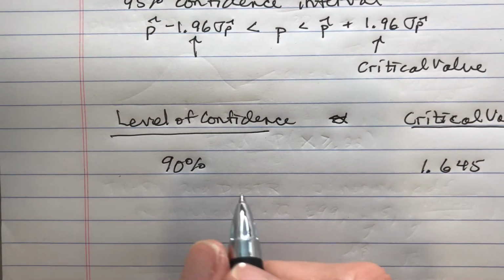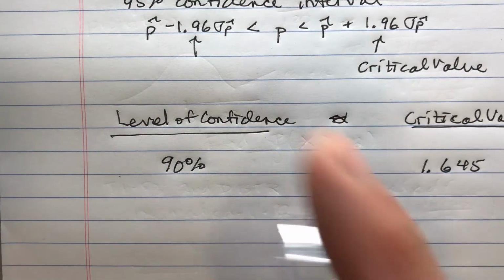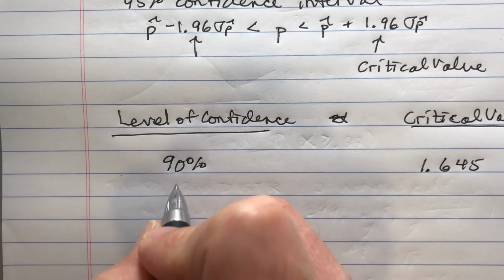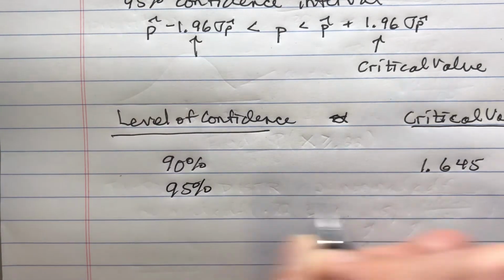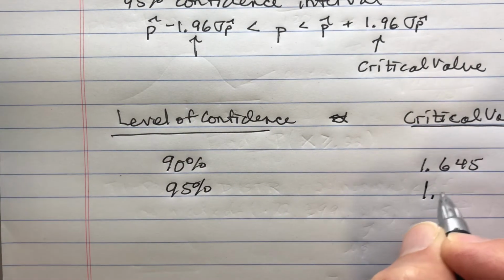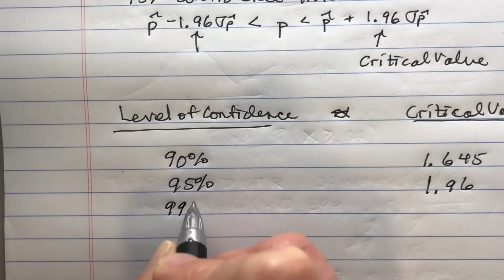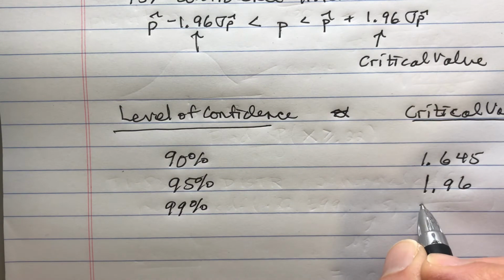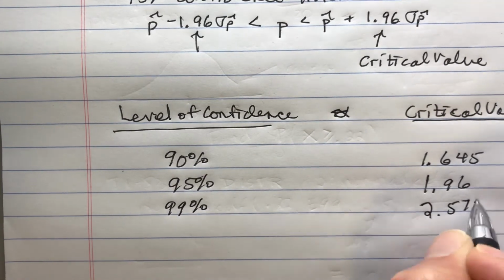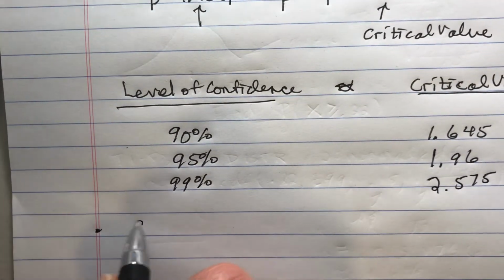So that's for a 90% confidence interval. For a 95% confidence interval, we're using our critical value of 1.96. And then for a 99% confidence interval, I have 2.575.